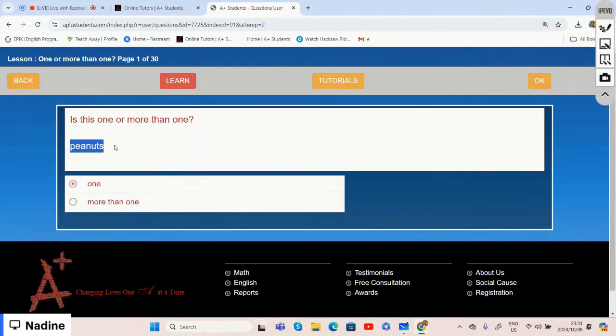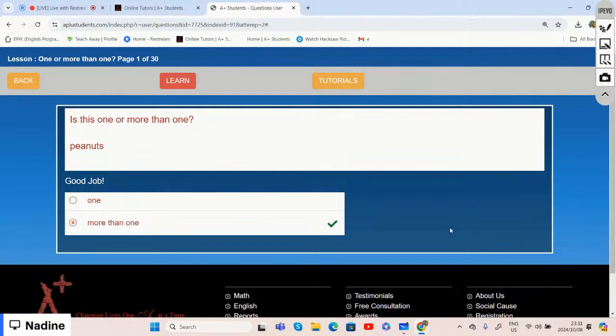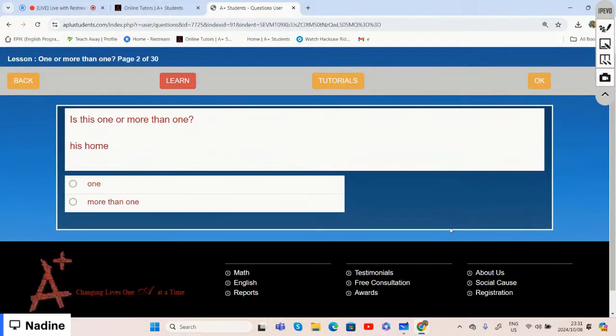And if we were to choose the correct option for peanuts, we're going to say it's more than one, because we are saying peanuts with an S. So more than one. Well done.